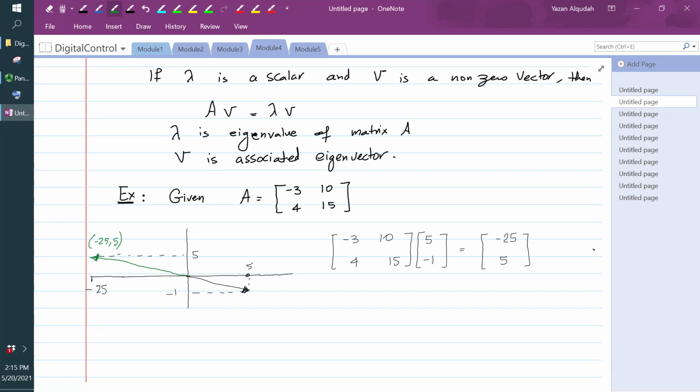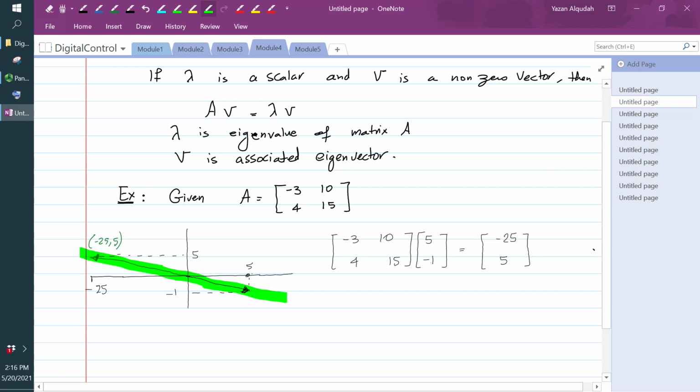So if I were to take a line between negative 25 and 5 and 5 and negative 1, both of them are located along the same line. So if I take a line that stretches like this, I notice that both of these vectors fall along the same line.